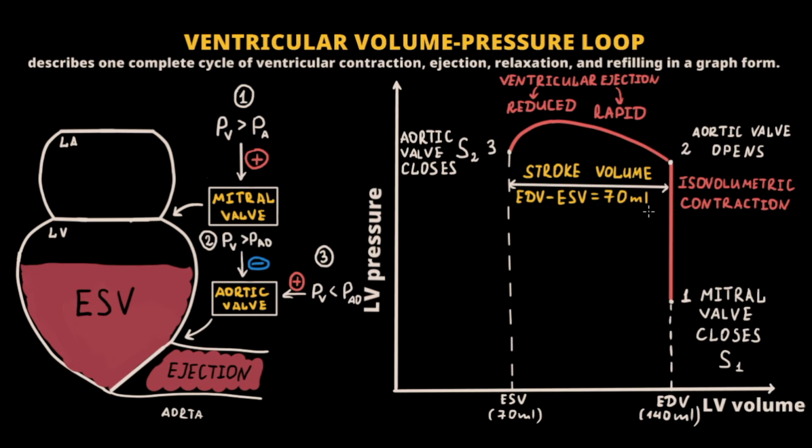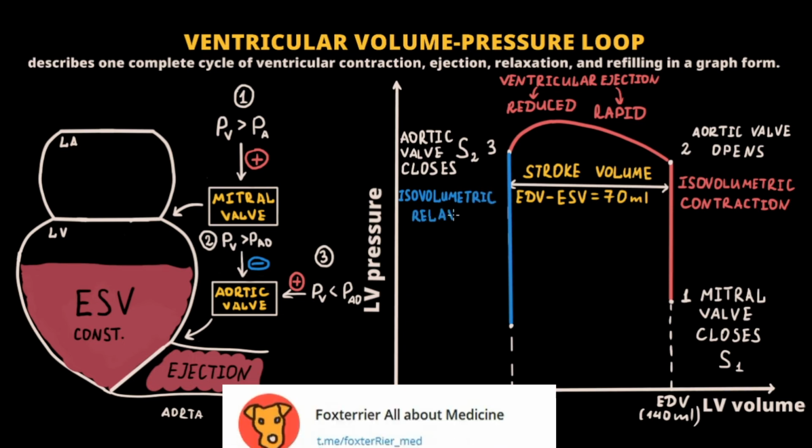At point 3, the aortic valve is already closed, but the mitral valve is not open yet. So all valves are closed, and although ventricular pressure decreases rapidly due to relaxation, ventricular volume remains constant. According to this, the stage is called isovolumetric relaxation.